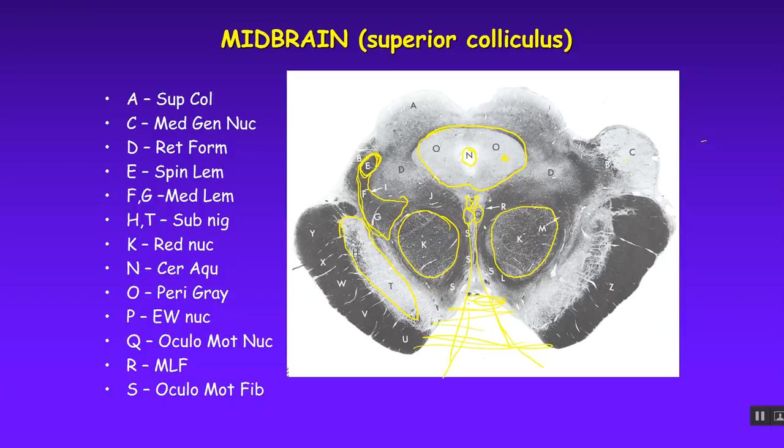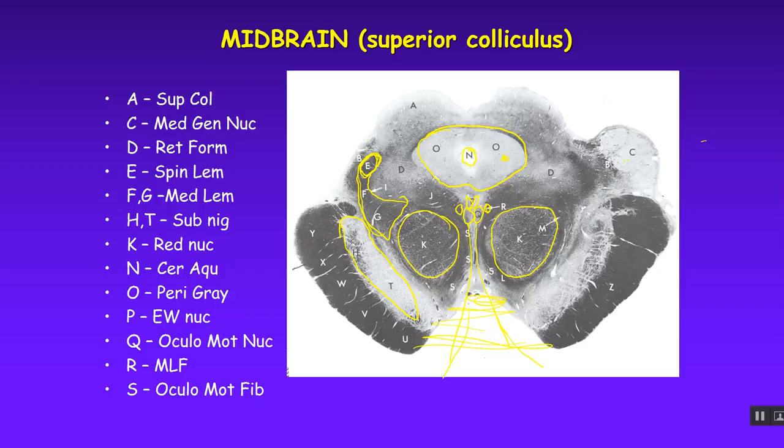And then R is a dark area here, and there's a little bit here. You can't really see it, but that's where your MLF, that's one of the starting or ending points of your MLF, because the MLF, medial longitudinal fasciculus, connects the oculomotor, abducens, and trochlear nerve nuclei.